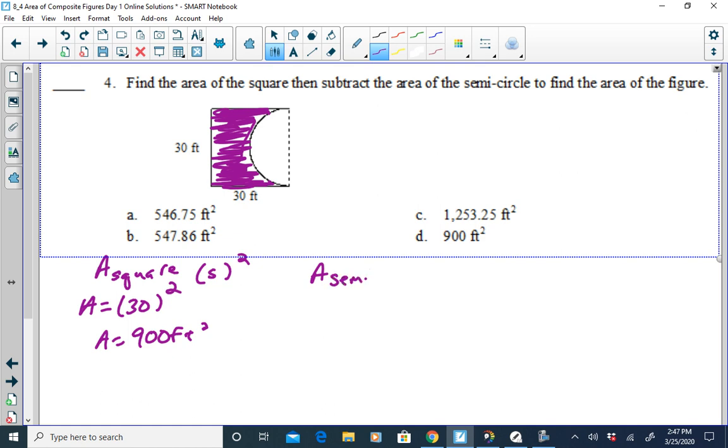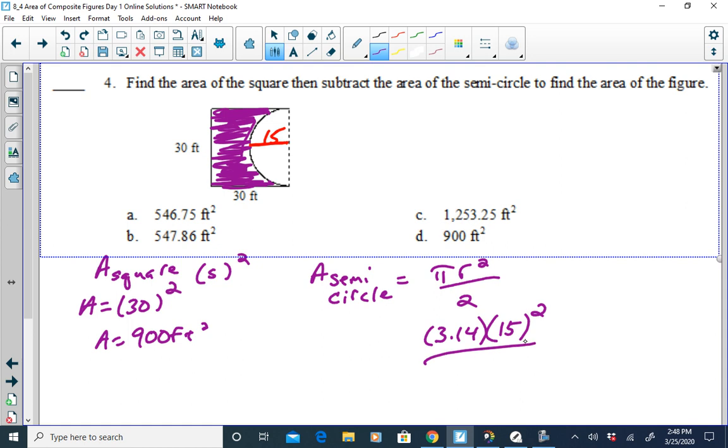Then we need the area of the semicircle. That's going to be equal to pi times the radius squared, but we need half of that. So that's going to be 3.14 times our radius. Well, what's the radius? The radius is this distance here, which is half of 30, so that's going to be 15. And we're squaring that, but because it's a semicircle, we're going to have to divide that by 2. So with your calculators, make sure you do the 15 times 15 first, which is 225.